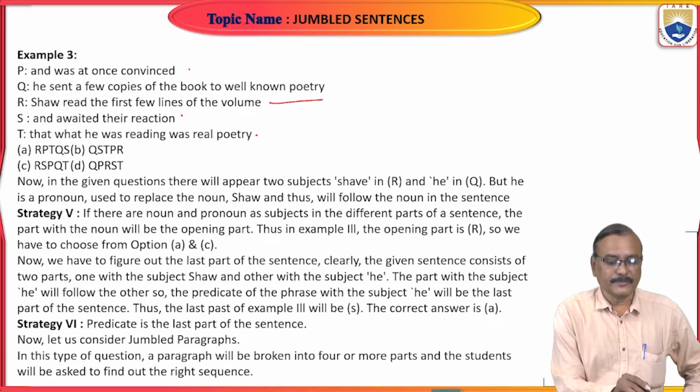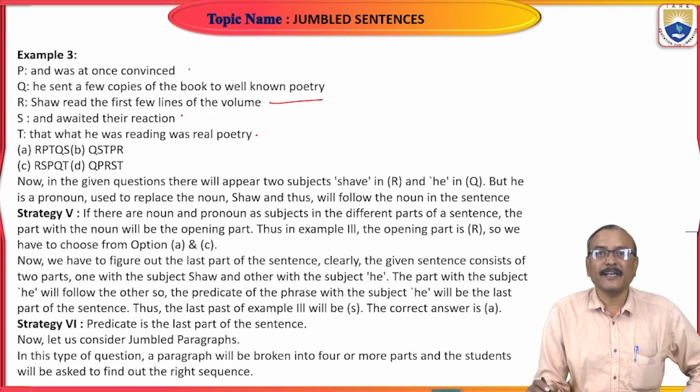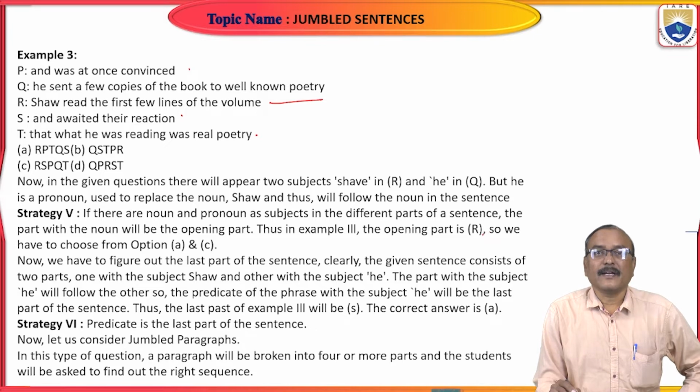Only between these two, between A and C. In A, R is followed by P. In C, R is followed by S. So how can we check it here? Can we say "and" after R? No. Shah read the first few lines of the volume and awaited their reaction. Not suitable. So C is not the correct one. Go to A.